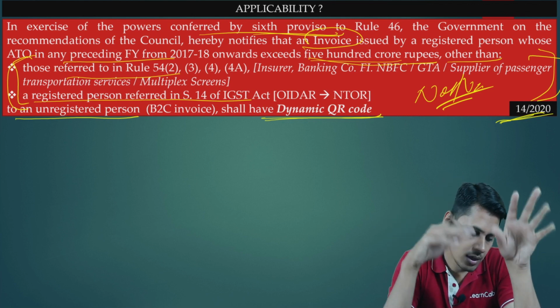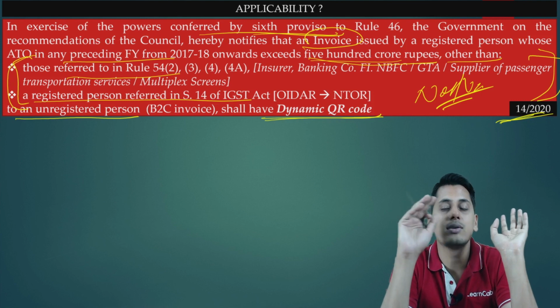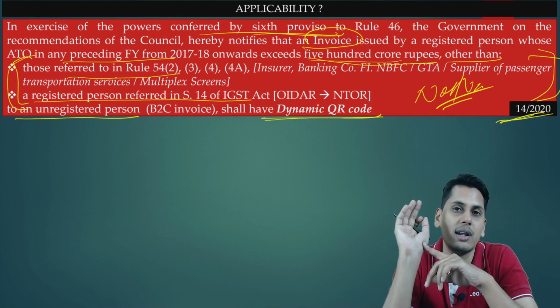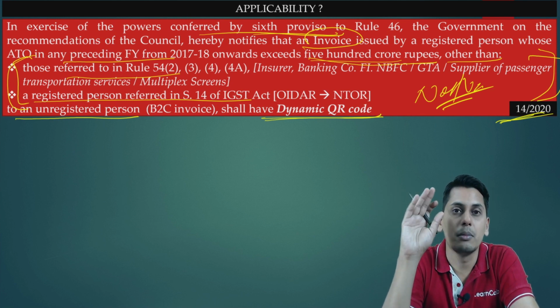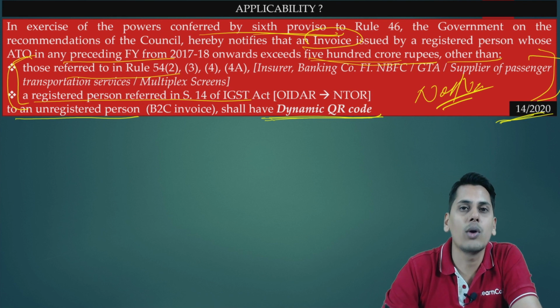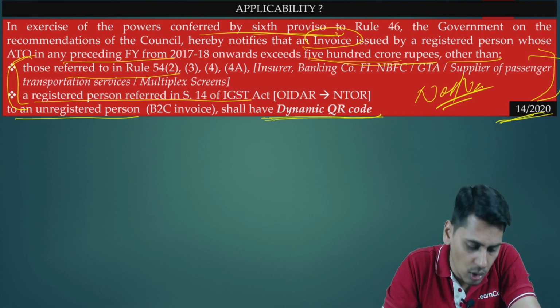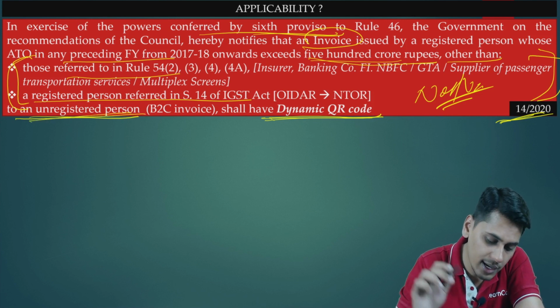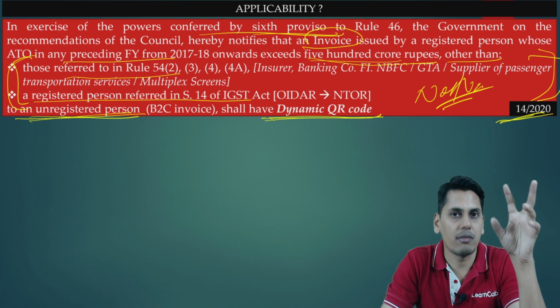Other than your specified suppliers and other than an OIDAR provider who is supplying services to a non-taxable online recipient. The invoice issued by these persons should contain a dynamic QR code. And invoices issued to whom? Invoices issued to an unregistered person. Let us discuss these elements one by one.